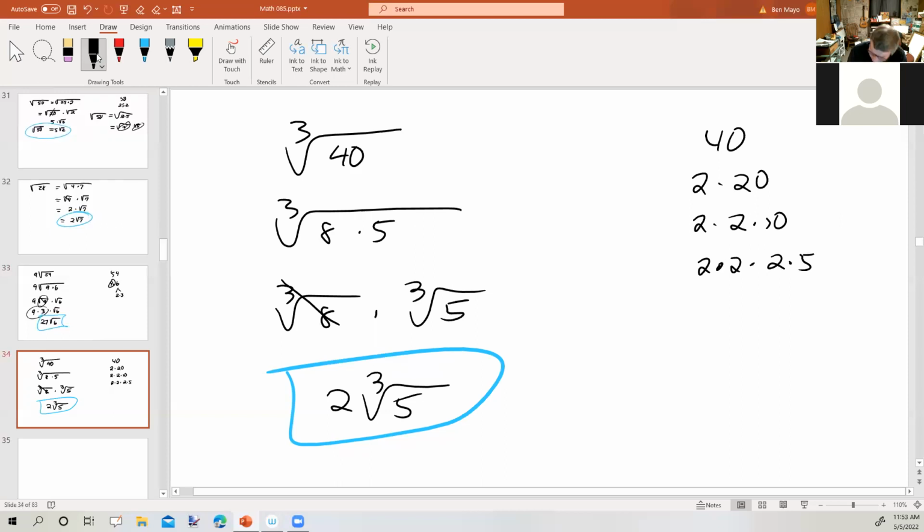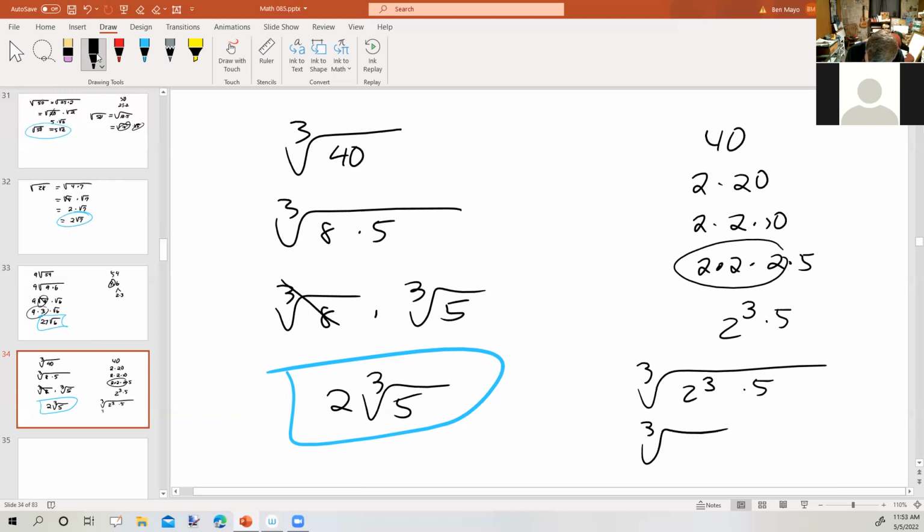So basically what I'm doing is the prime factorization. Oh, look, there's a cube and some leftovers. So I could write it like this, and then I could write it like this. The cube root of 2 cubed is 2, and I get 2 cube roots of 5.